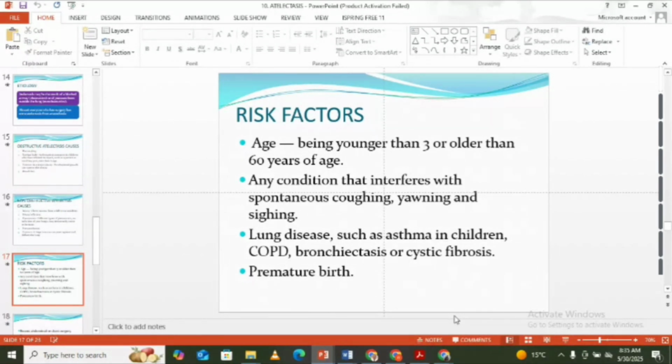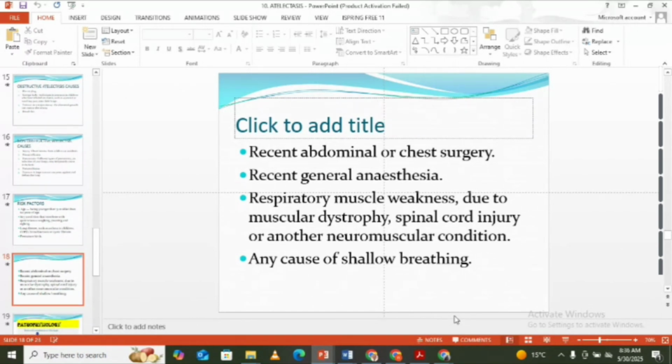And again, with all that, it's going to lead to inadequacy of ventilation, inadequacy of gaseous exchange taking place, and that pressure from any of this is going to compress the alveoli, and the alveoli will not be able to expand during inspiration, and that's going to lead to lung collapse.